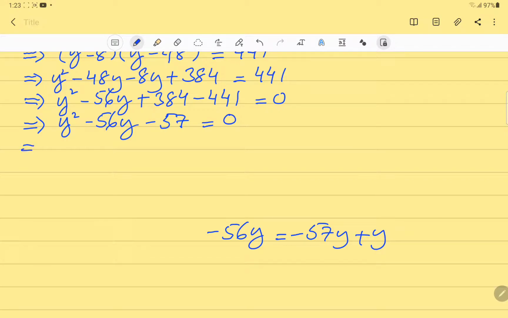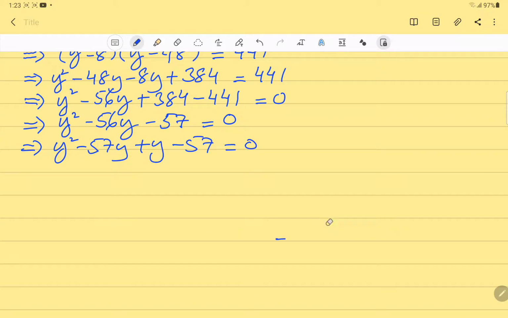Let us replace minus 56y with minus 57y plus y minus 57 is equal to 0. In the first pair we have y common, and in the second pair we have 1 common.